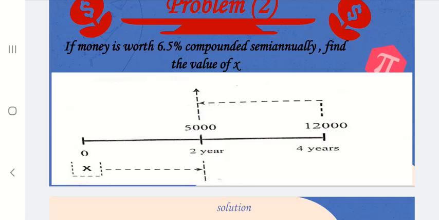You can exchange PV by present value and S by future value.